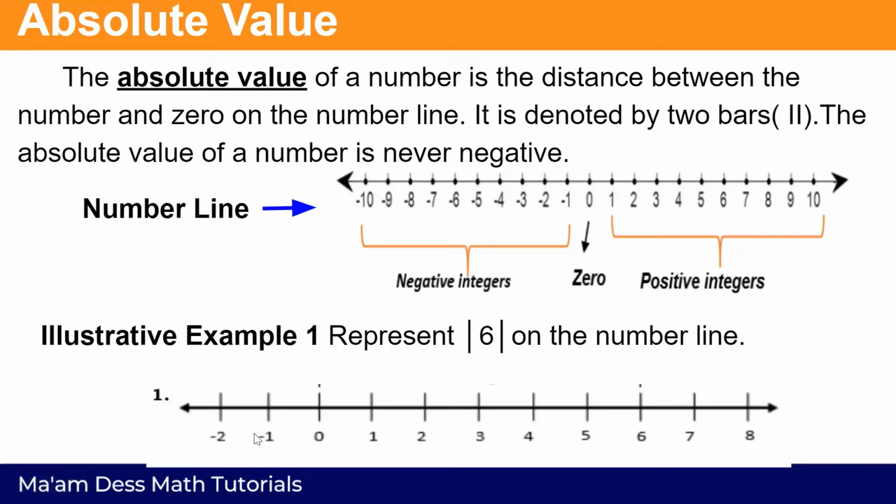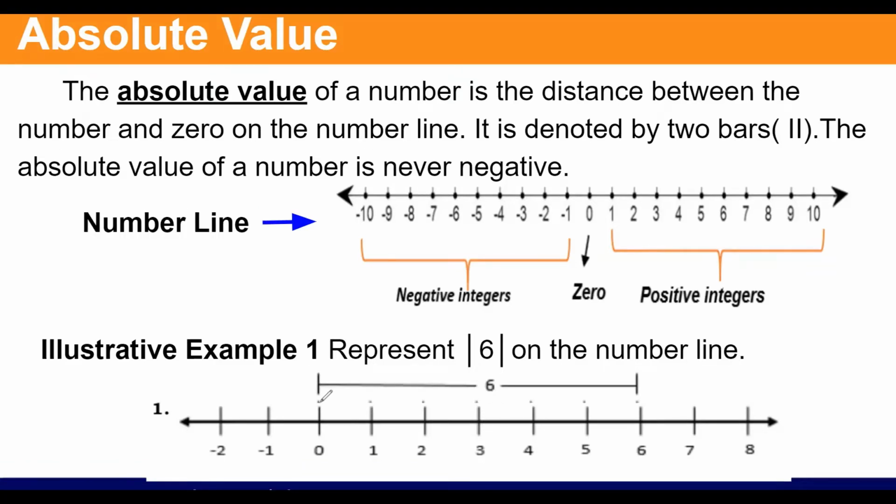To the left, we have -1, -2. As we can see, there are more numbers on the positive side, or to the right of 0, because we have the given absolute value of 6. So from 0 to positive 6.